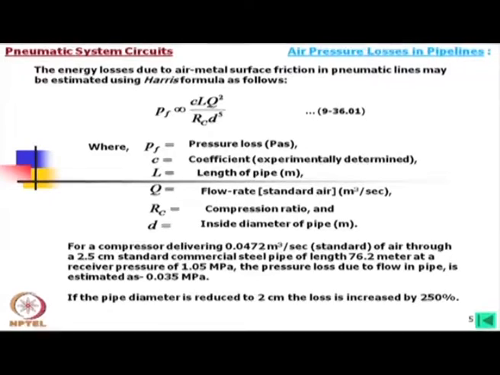Now, I have not calculated it, but if we increase the diameter by 0.5 millimeter, it will not be very efficient. We will find this loss is reduced, but maybe only by 20%.